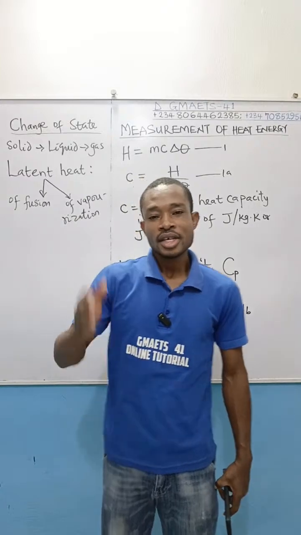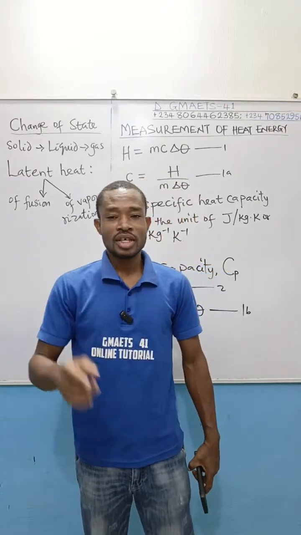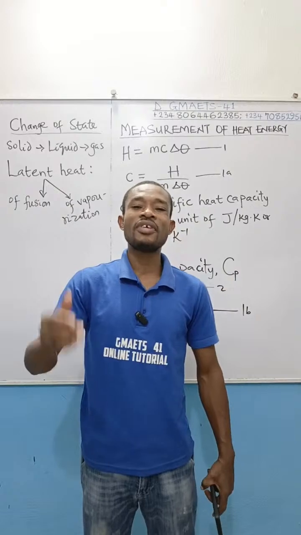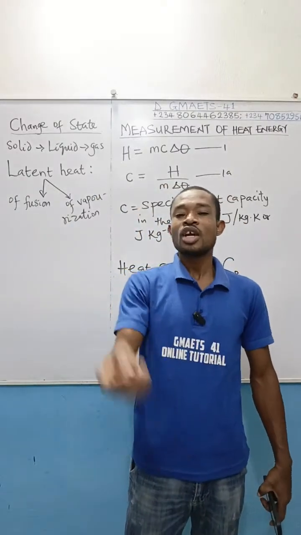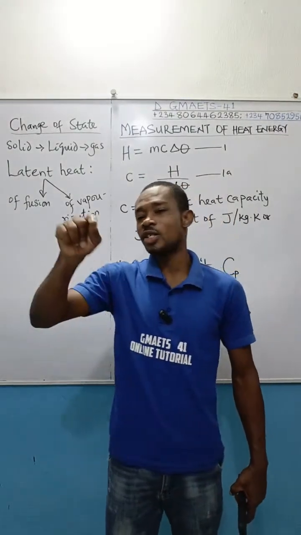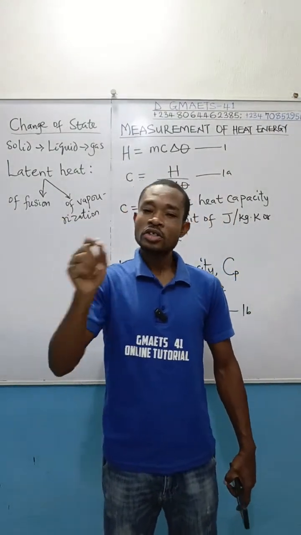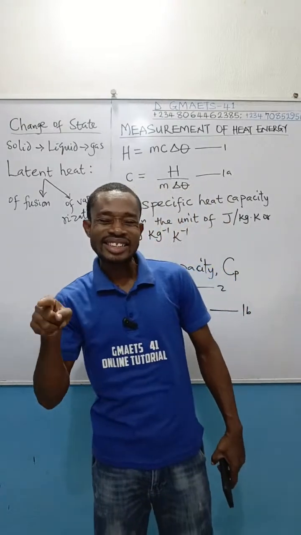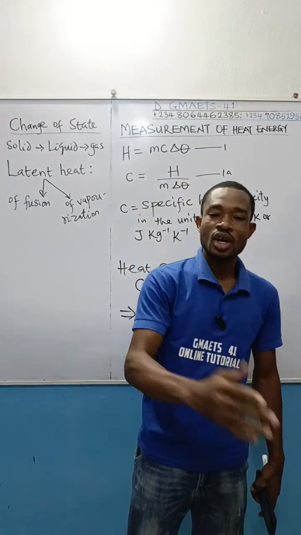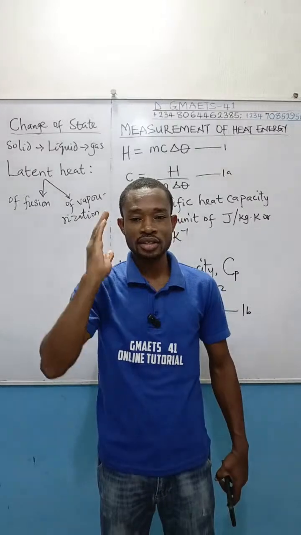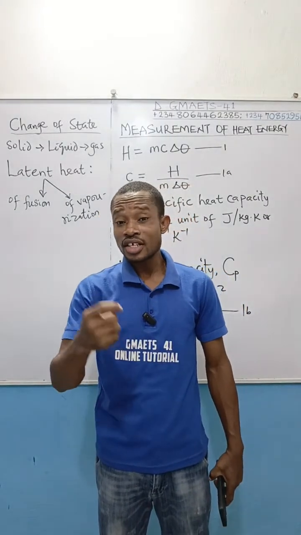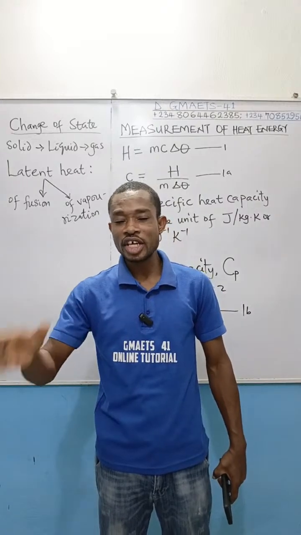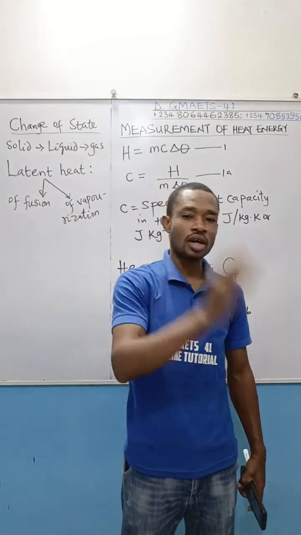Once again, latent heat of fusion is defined as the quantity of heat required to change a substance from its solid state to its liquid state without a change in temperature. So you see, if you are defining latent heat of fusion, you specify changing of solid to what? Liquid.